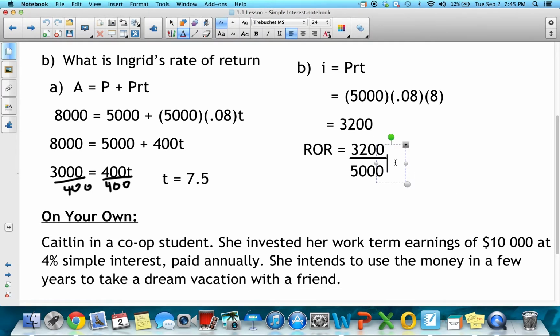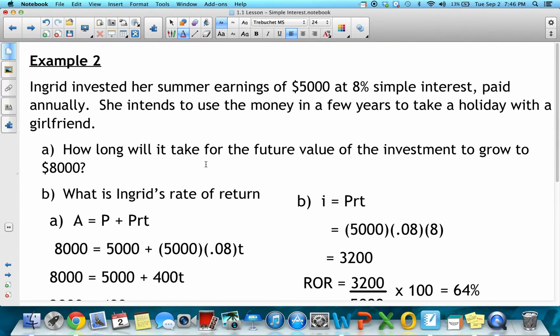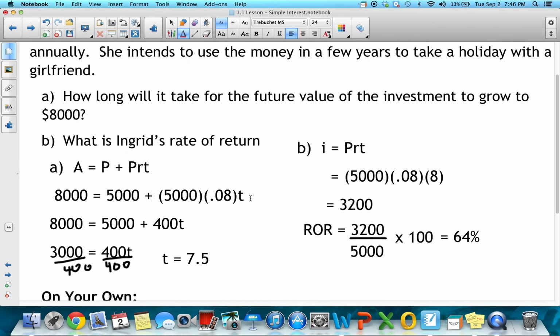And then we're going to take that and times it by 100. So 3,200 divided by 5,000 times 100 ends up being 64%. So she's got a 64% rate of return on her investment in that situation.